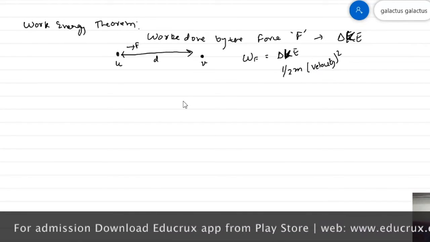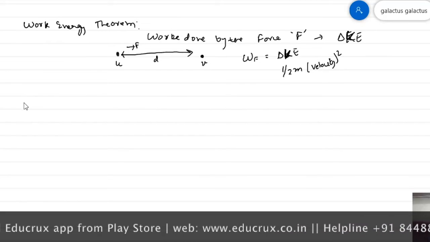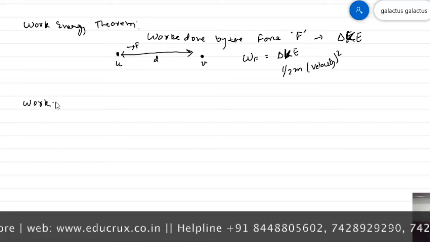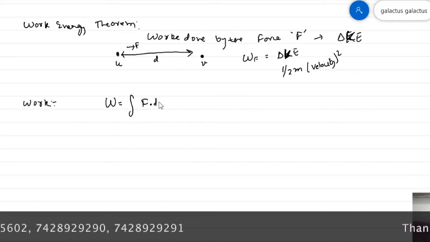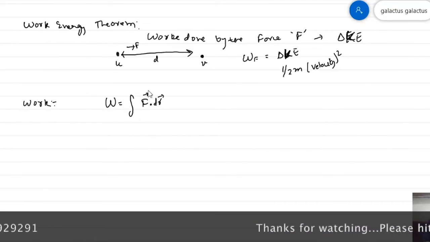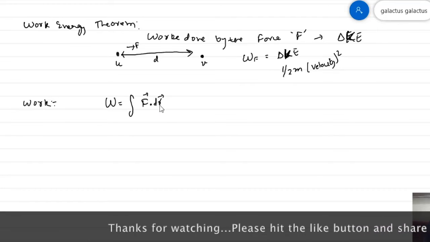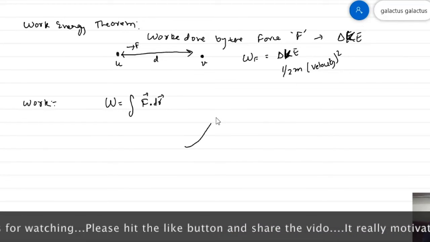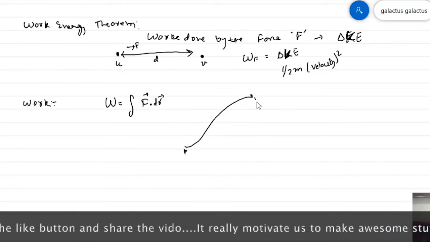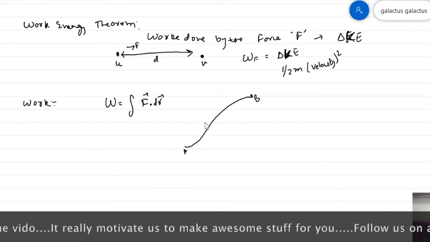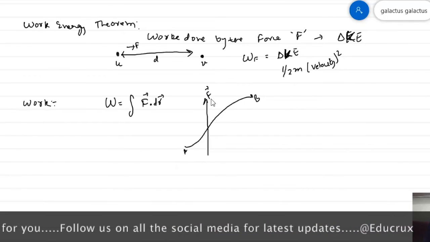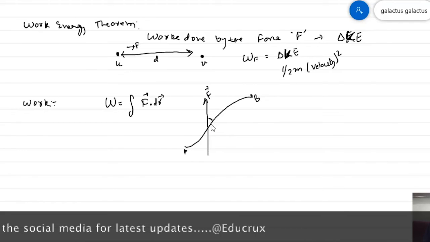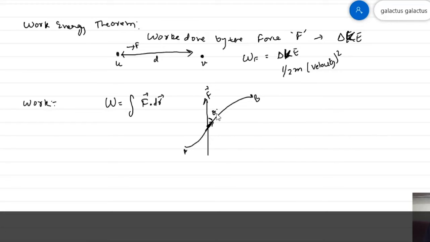So this is the work energy theorem, and then we saw the definition of work in general. Work was given by W equal to the integration of F dot dr vector, that is, a dot product between the force and the differential displacement. Suppose a particle is moving from point A to B, and at any instant of time the force F is this, and this is our differential displacement at this instant, and this angle is theta.